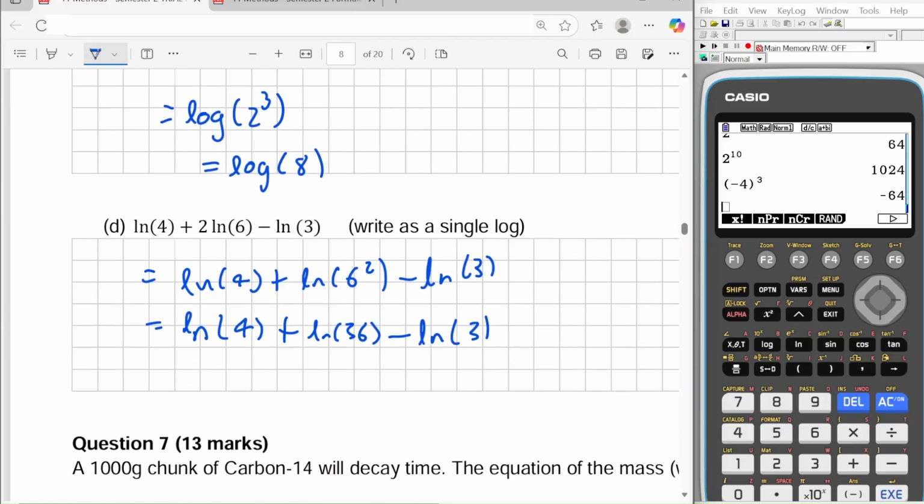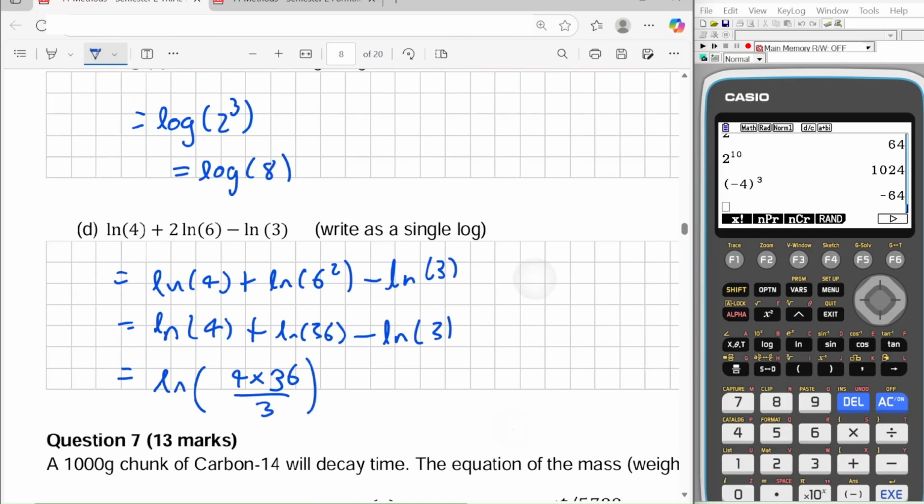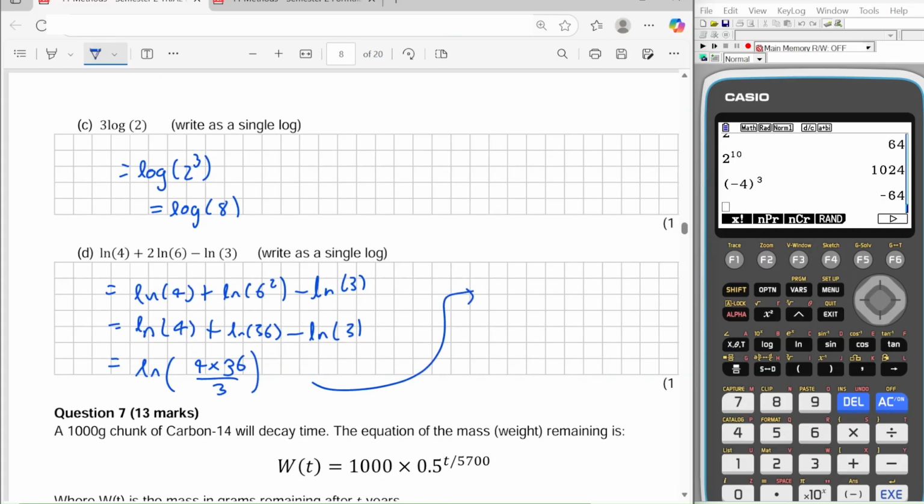When you do this, any pluses turn into timeses and any subtracts turn into divides. So 4 times 36 over 3. So this is all using the log laws. So we can just work out what that is. So the calculator tells us that's 48. So we got log of 48.